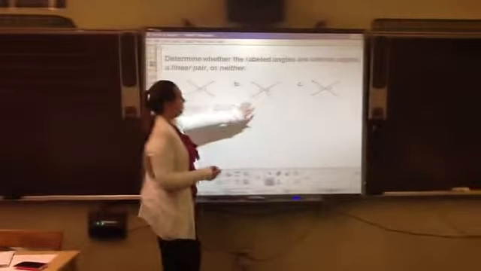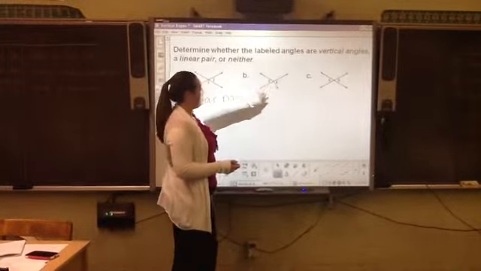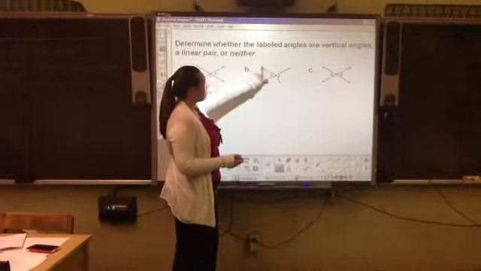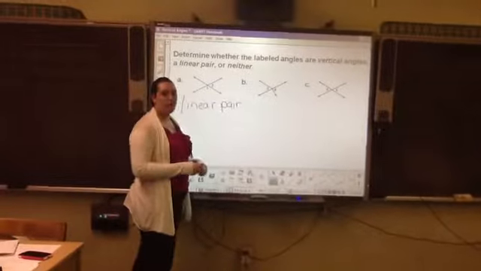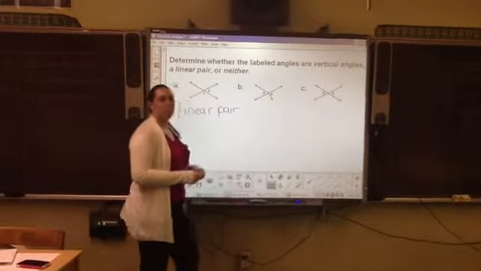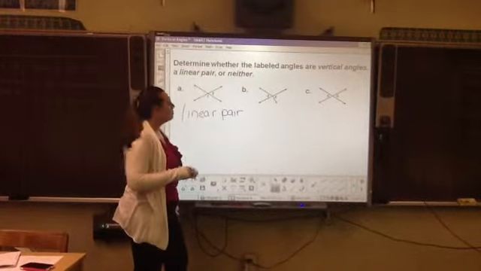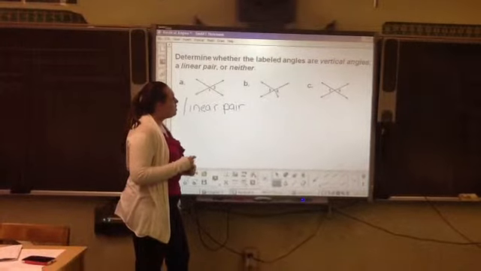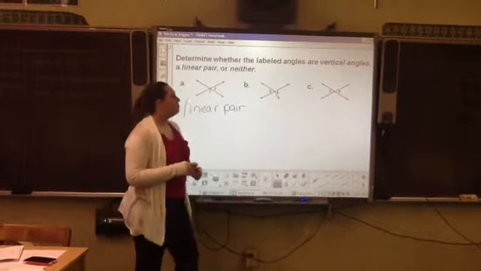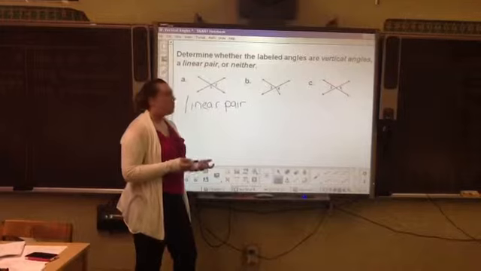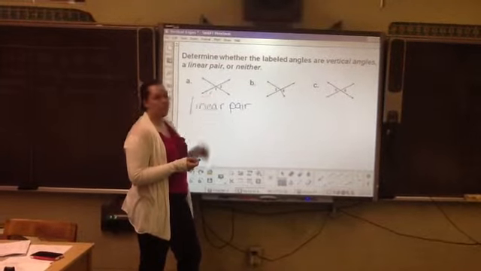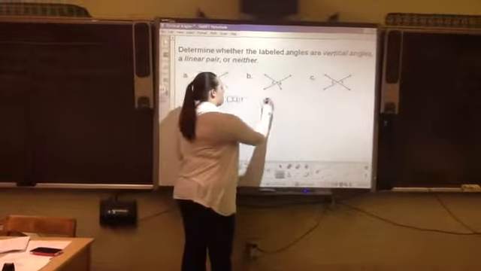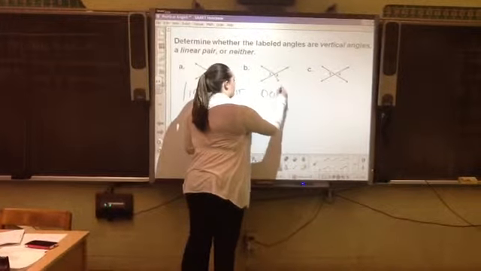Because if you notice, here's your one line, and you kind of have two separate lines going in different directions. So they're not really crossing that line right here. They're like branching off. So technically, angles 3 and 4 are not vertical. And they're not linear, as we can see, because we already proved that angles 1 and 2 were linear. Therefore, for B, the angles are neither.